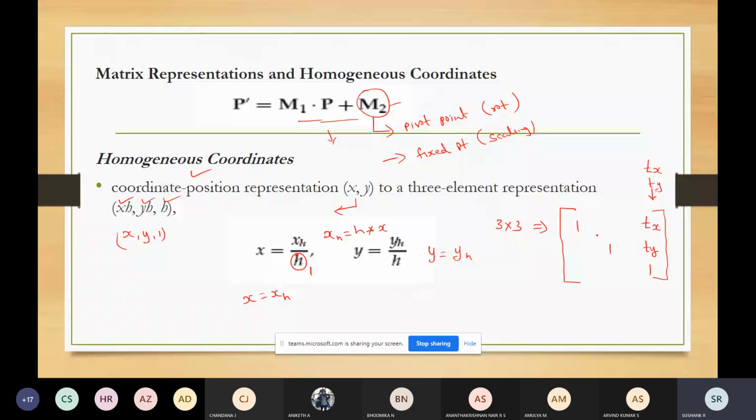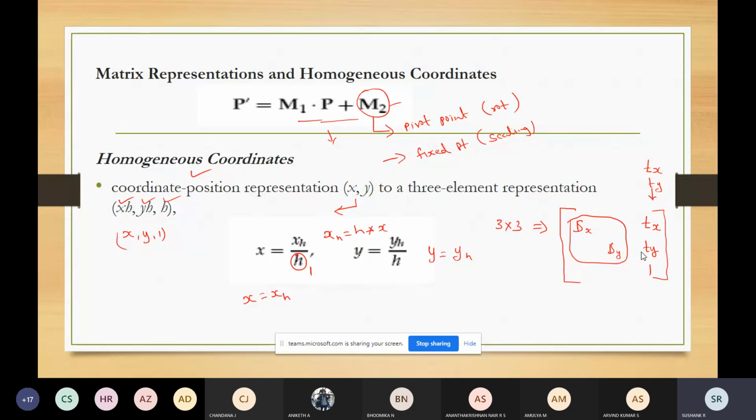The rest of the terms depend on the equation which you will be deriving. When it is translation, the third column will take the translation terms. When it is rotation, this will take the cos theta, sin theta values. And when it is scaling, this will take the scaling values. So this is how it will be represented.